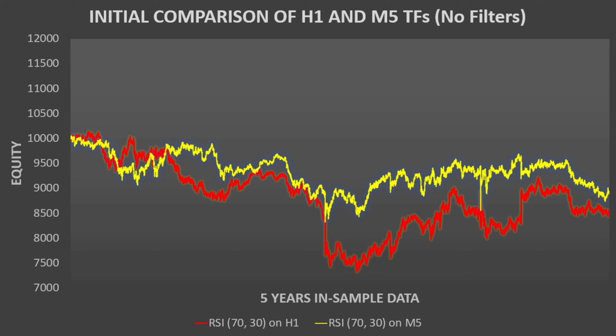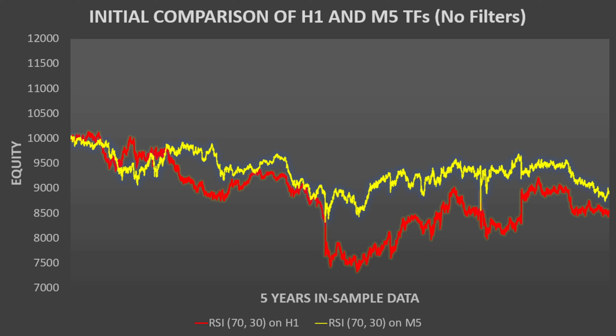And both of these were using the same parameters of 14 periods and overbought, oversold levels of 70 and 30. So other than the time frame, these are using identical parameters. But the first thing to notice is that the performance is slightly better than when using the H1 time frame, which is an encouraging starting point.